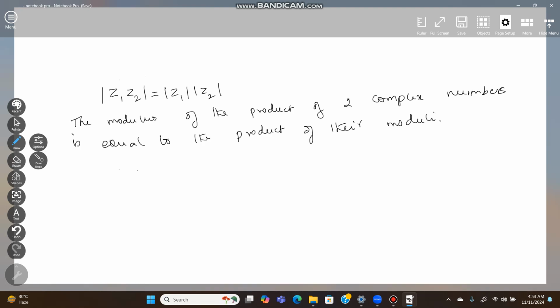So let me take two complex numbers to explain the situation. Let Z1 equal 3 plus 4i and let Z2 be equal to 1 minus i. I am going to find out Z1 times Z2, find the modulus of it, and get the modulus of Z1 and Z2 separately, and show that the modulus of the product is the same as the product of their moduli. Z1 times Z2 will be 3 plus 4i times 1 minus i.